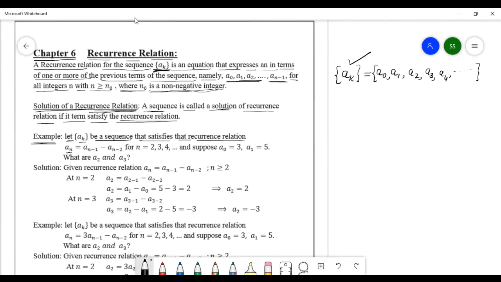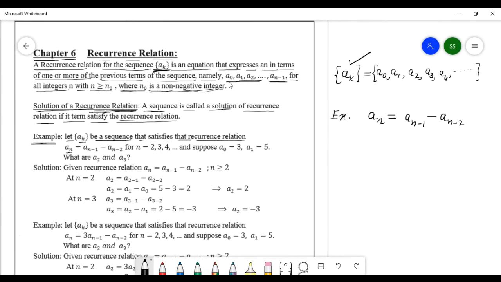This is the recurrence relation, this example. The recurrence relation here is a_n equal to a_(n-1) minus a_(n-2).